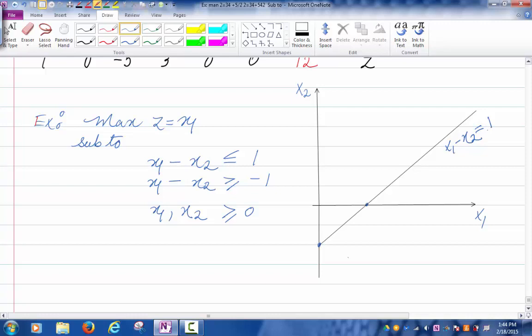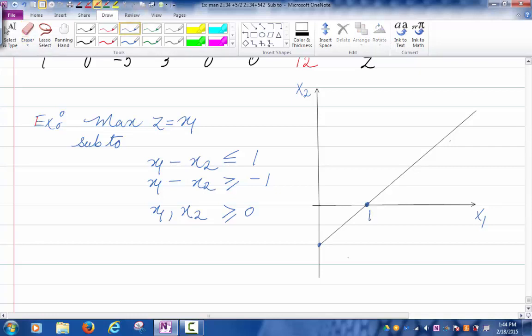Sorry, let me erase that for a second. Okay, so from the first equation, if I turn it into an equation, when X1 is 1, X2 is 0, you agree with that?